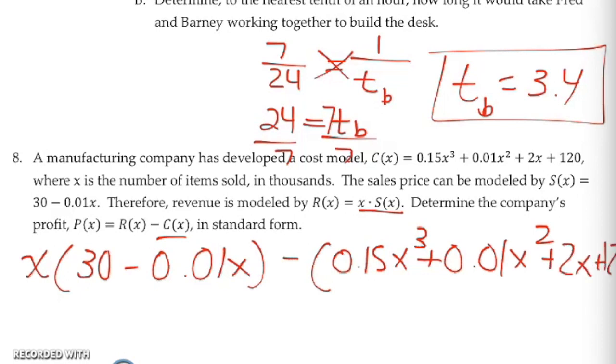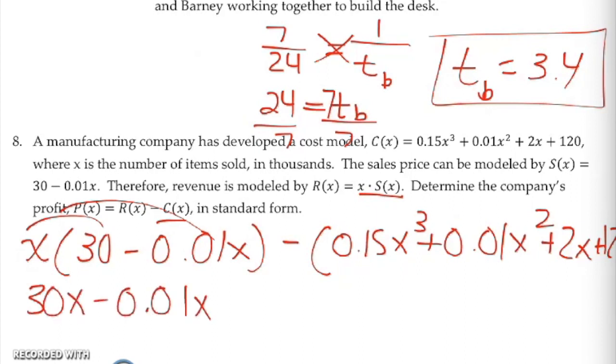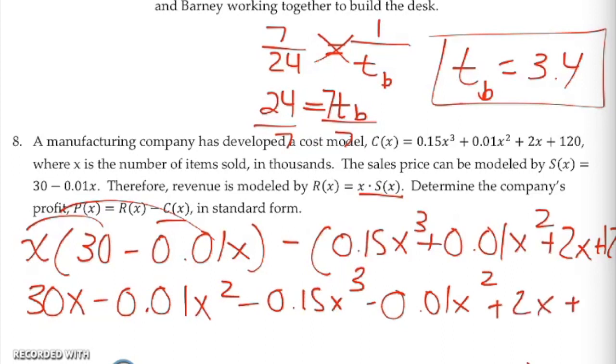Notice I put that in parentheses so that I remember to subtract out the whole thing, right? So now I'm going to start by distributing out my x. So 30x minus 0.01x squared, and then minus 0.15x cubed minus 0.01x squared minus 2x minus 120. And now we're just going to combine like terms, right?